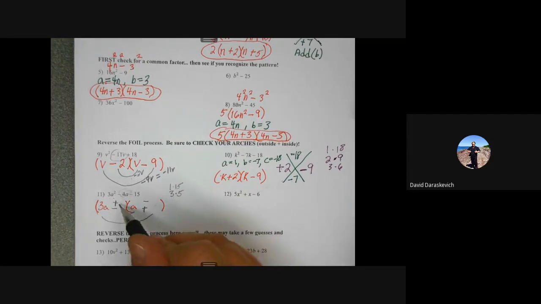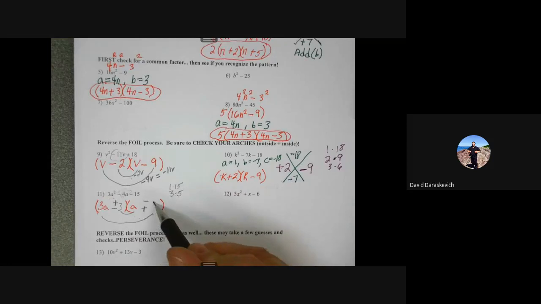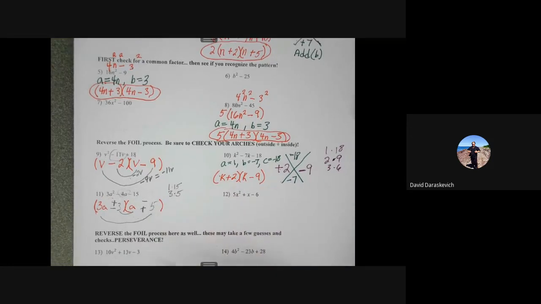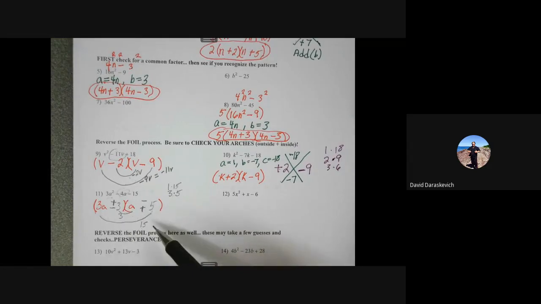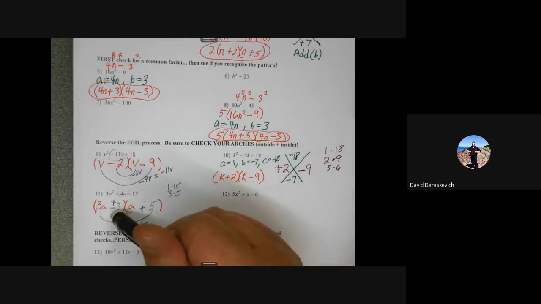If I put 3 here and 5 here, when I multiply and use this arch, I'm going to get a 15, and this one, I'm going to get a 3. And I need to get to 4. So I'm going to subtract these. There's no way I'm going to get to a negative 4 if I subtract those. So that's not going to work.